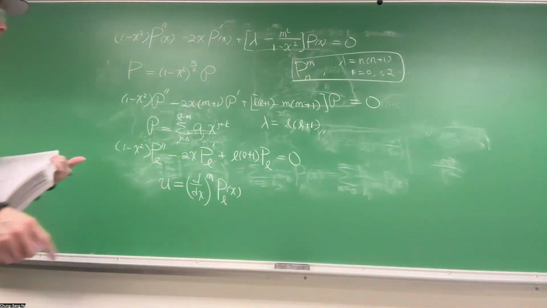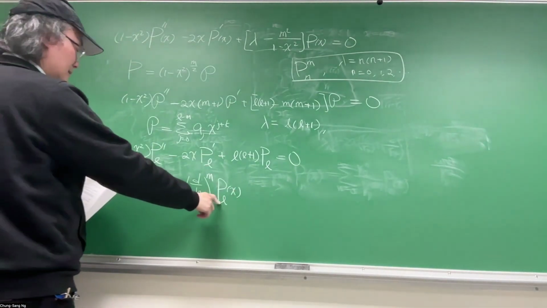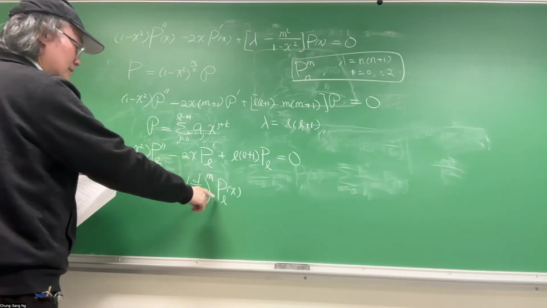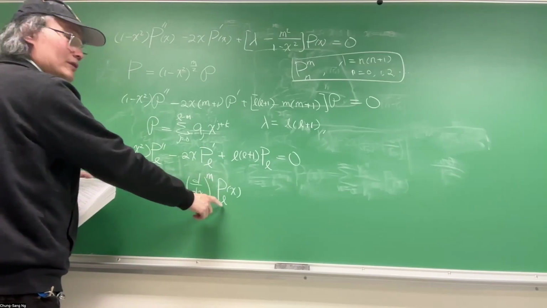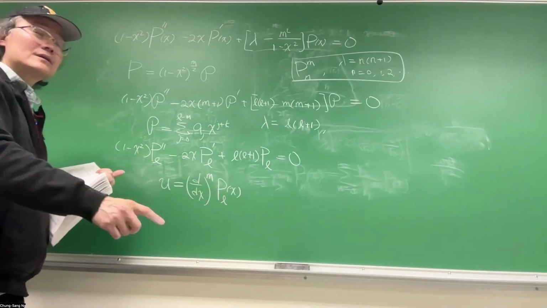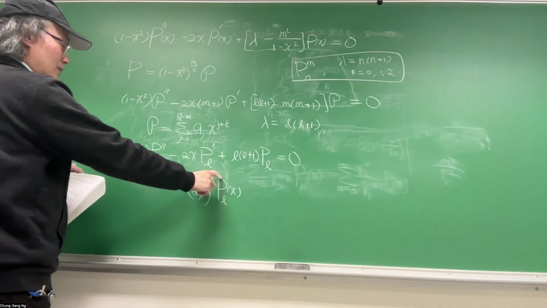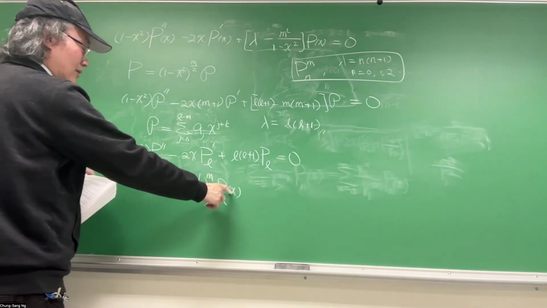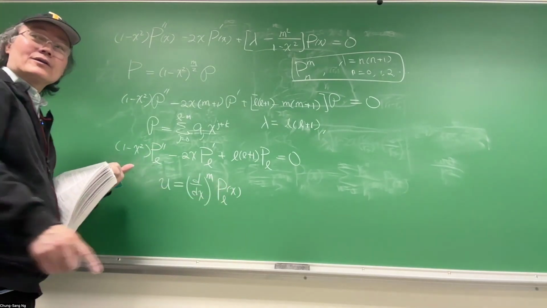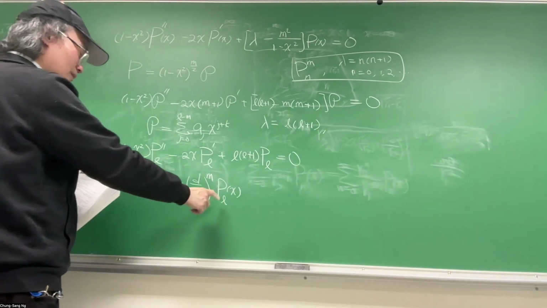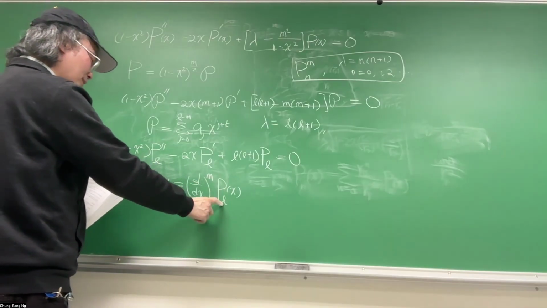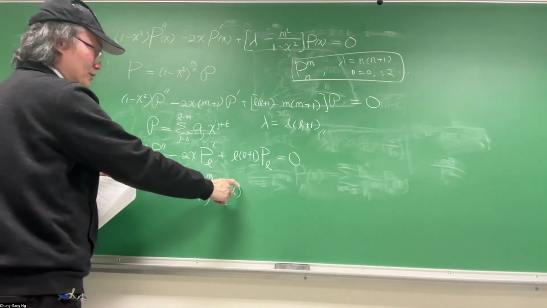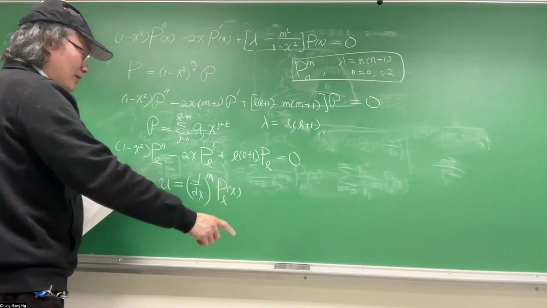Now the important thing is that this solution exists only for m less or equals to L, right? Because we already talked about that P sub L, the highest power of x is x to the power L. Previously we called it P sub n, the highest power is x to the power n.